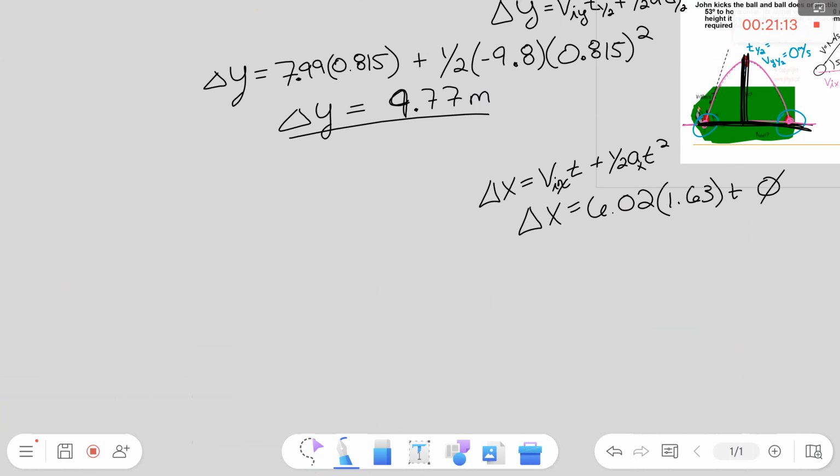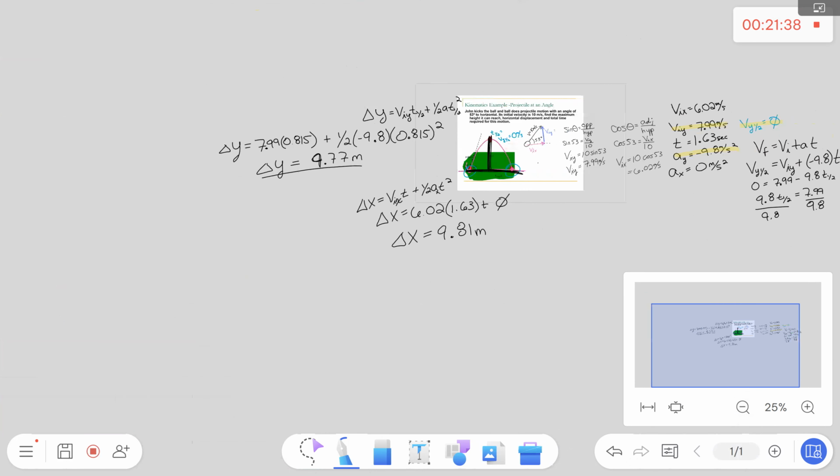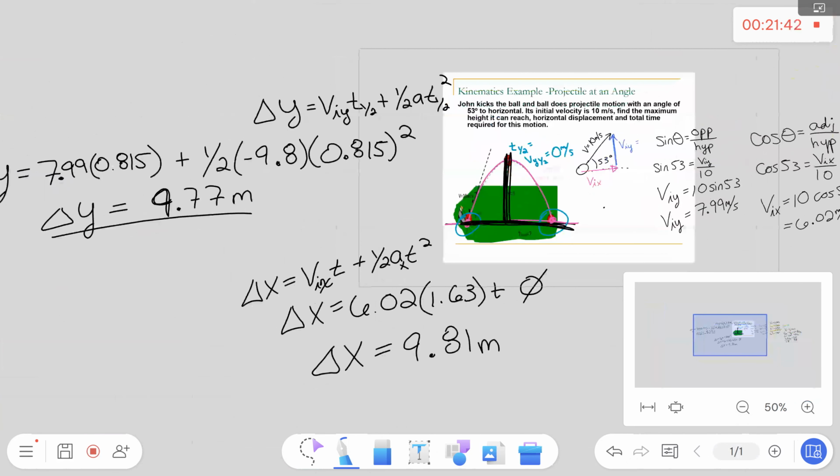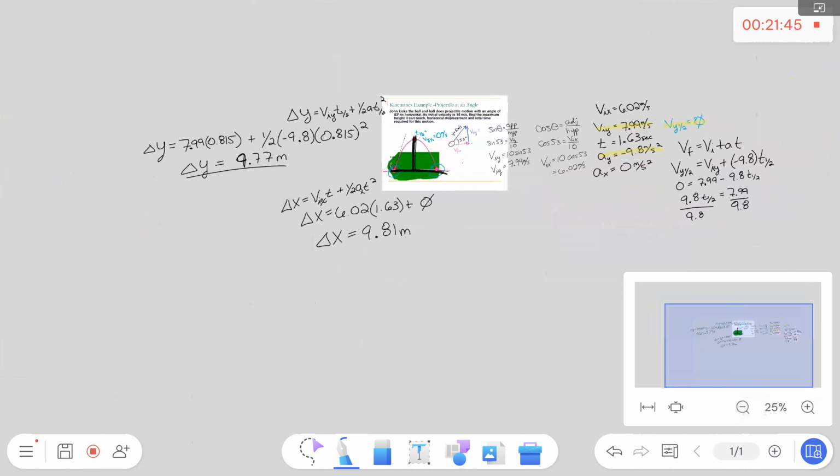Because acceleration is 0. You don't have to do anything. 6.02 times 1.63. Delta x equals 9.81. We'll leave it there. I'll leave it right there.